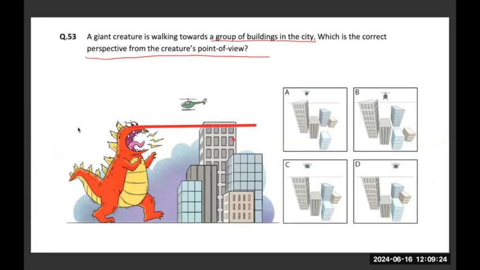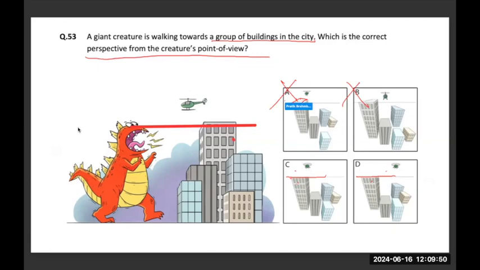What it means is the tallest building and the eye level of the creature will be aligned. So the top view of the bigger building will look like what is seen in C and D. A and B are eliminated. We don't see the top part of that tall building because the eye level and the height of the building are aligned. So I have eliminated A and B.